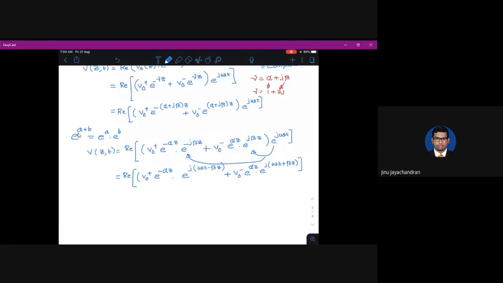Now, since both are added up, you can take the real part of a plus b as real part of a plus real part of b. So this I can write as real part of v0 plus e raised to minus alpha z e raised to j of omega t minus beta z, plus real part of v0 minus e raised to plus alpha z e raised to j of omega t plus beta z.